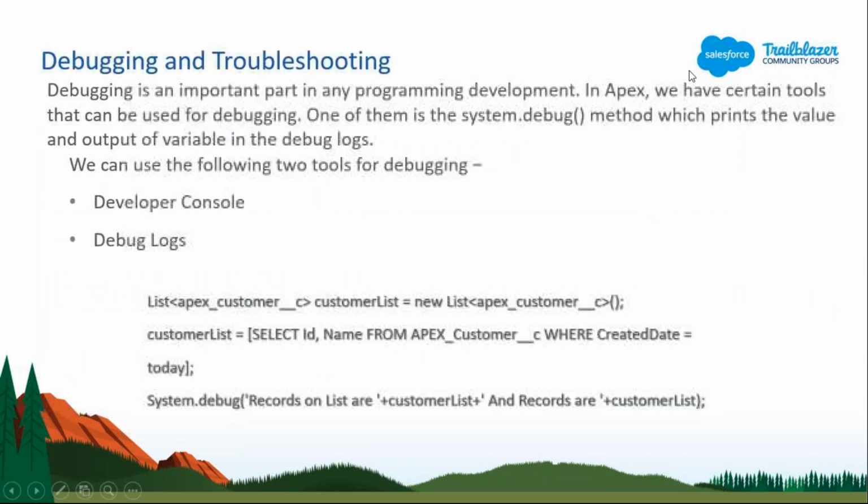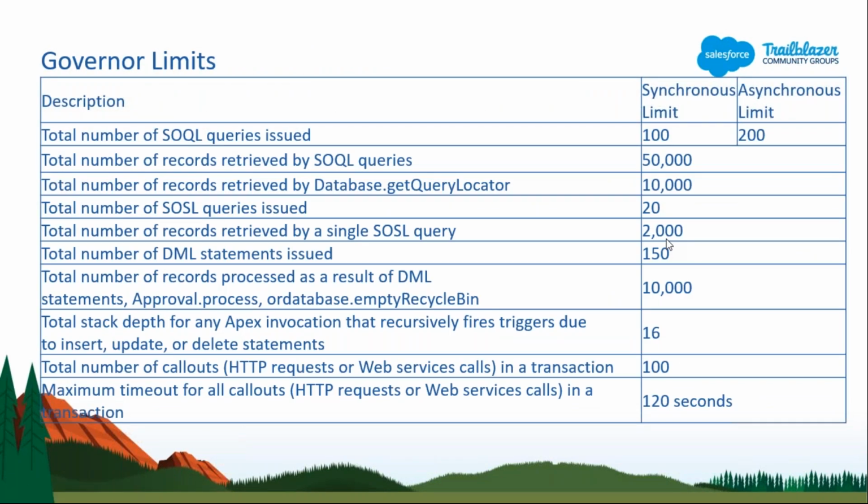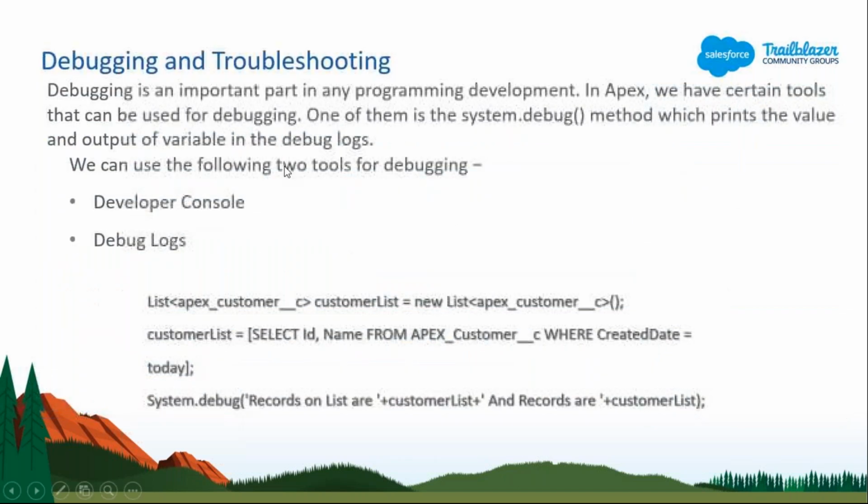Whenever you work with live data, you will understand more clearly. But for now, for interview purposes, you should keep in mind at least these limits. Just go through this once and try to remember every single governor limit.